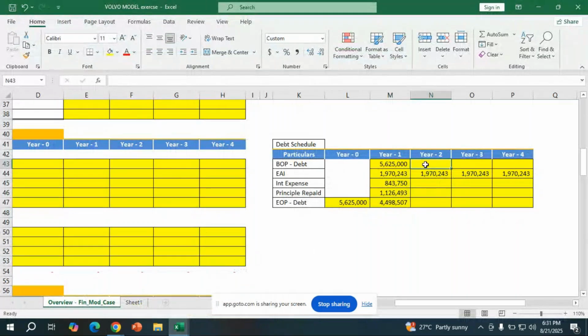Equals to, same thing, same procedure, to the cell reference. Again, calculate the interest expenses equals to your loan amount into the rate of interest.